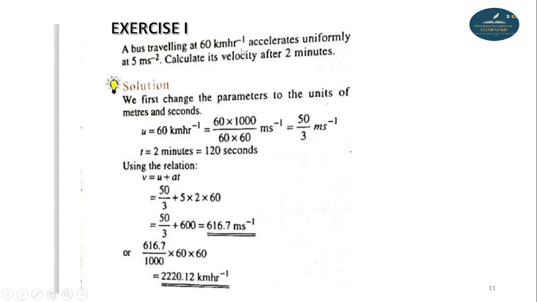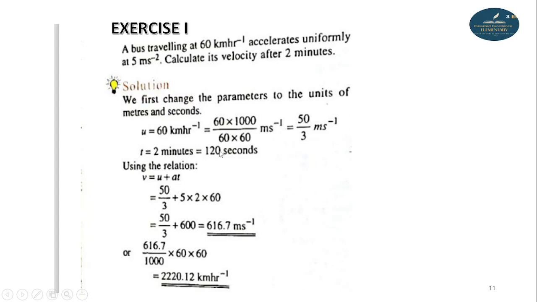Let's say it's x times 1000 over 60 times 60. So we get the new value in meter per second.